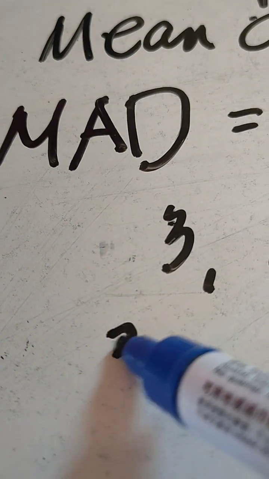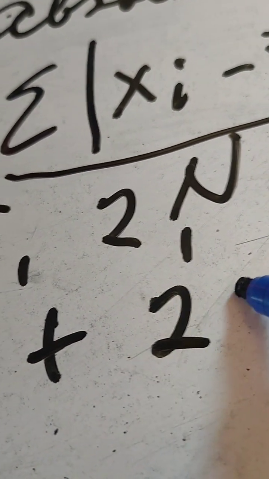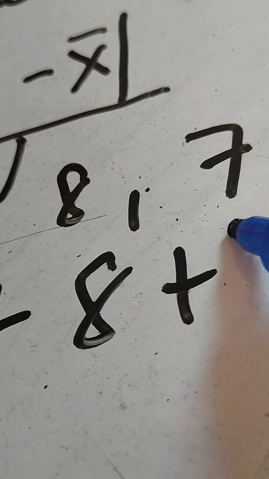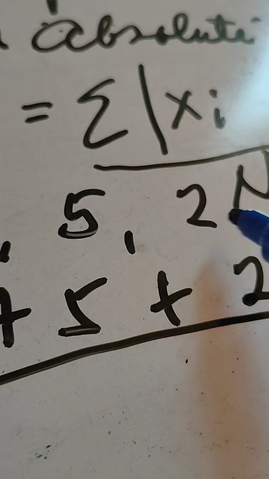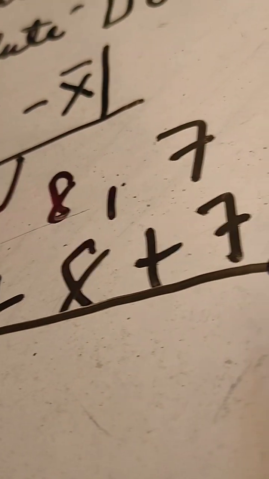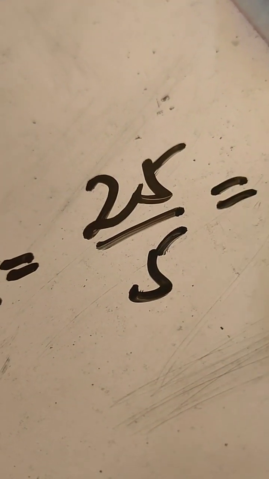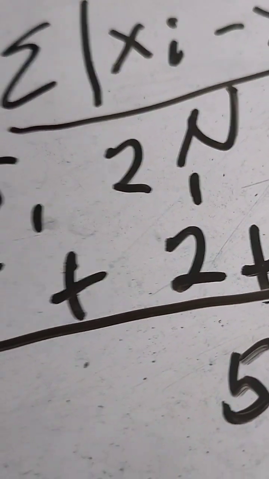So 3 plus 5 plus 2 plus 8 plus 7 divided by 5. So what is the sum now? That is 25. 3 plus 5, 8, plus 2, 10, plus 8, 18, plus 7, 25. Divided by 5, our mean is 5.